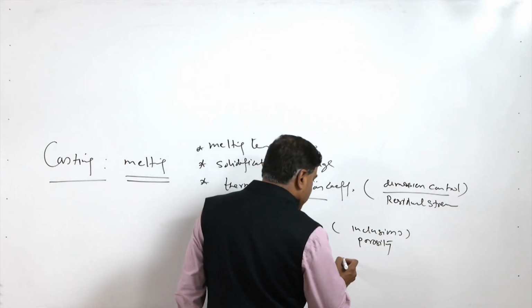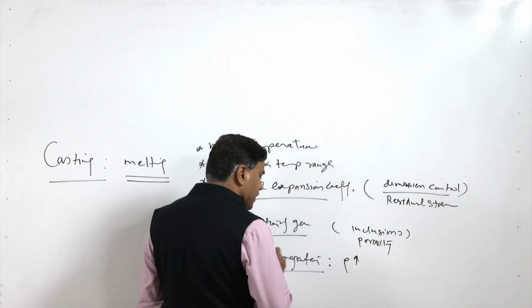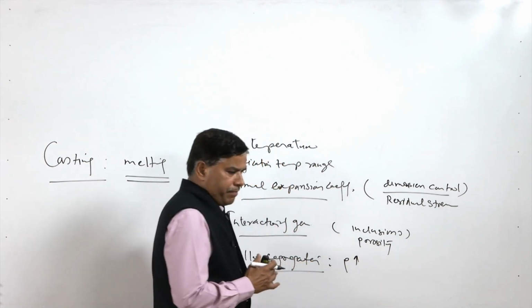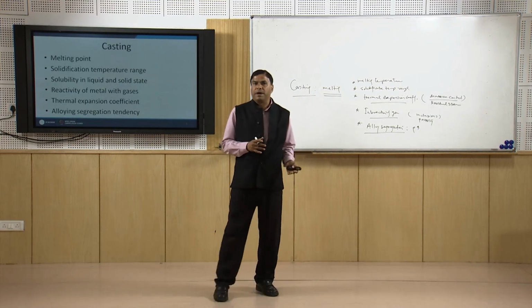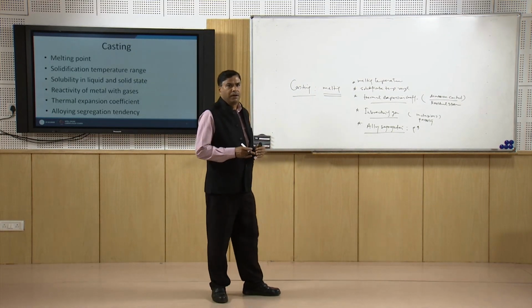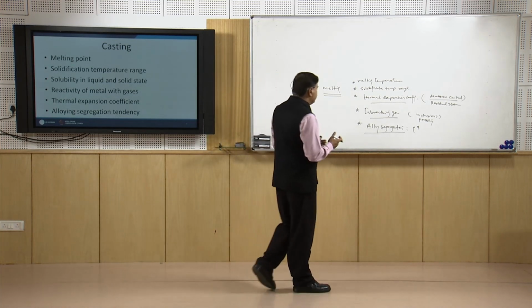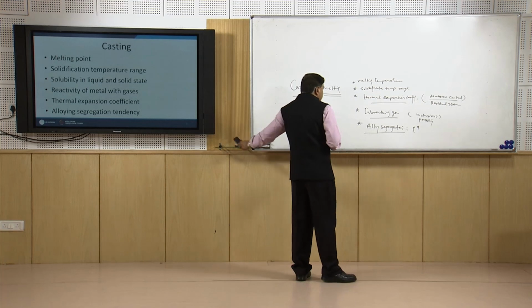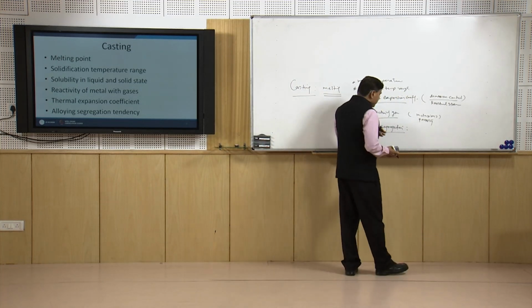So, if the density difference between the solvent and the solute is too high, then alloying elements will tend to settle down or they will tend to float over the surface. So, the differential physical properties will be leading to the increased segregation tendency of certain alloying elements.